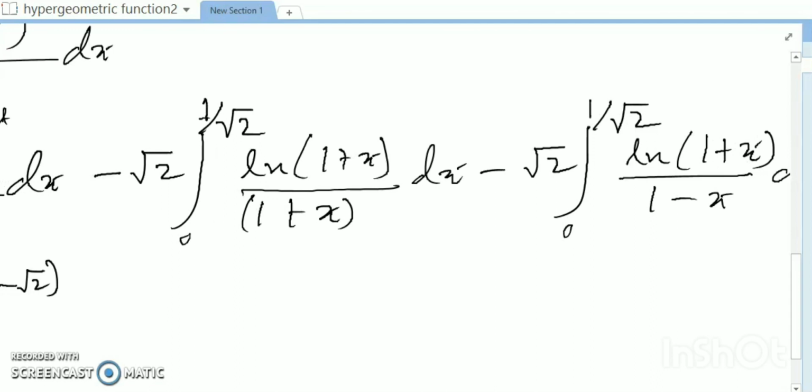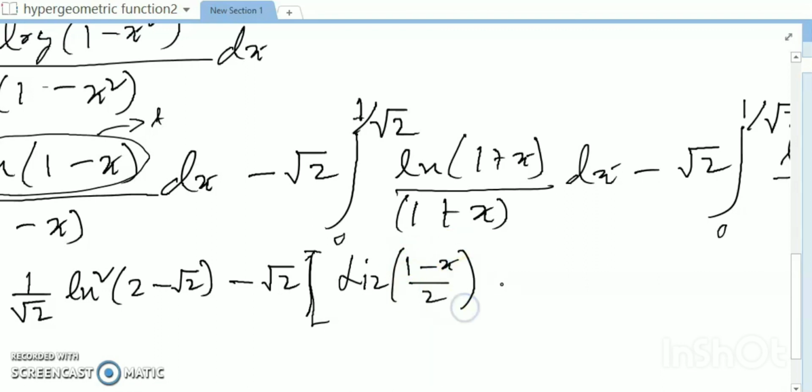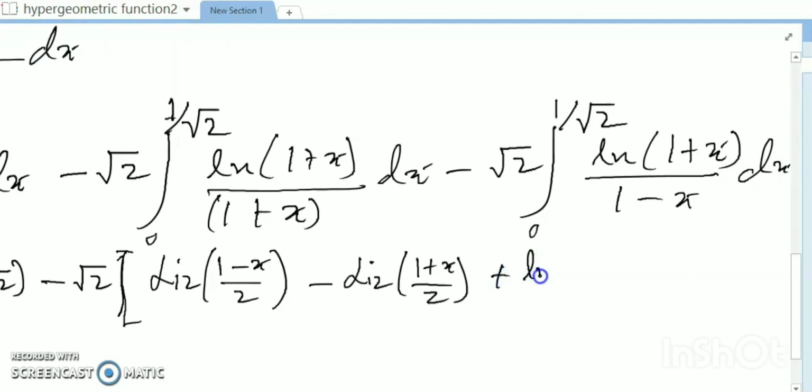Now we get this portion. This portion can be written as li2((1 minus x) divided by 2) minus li2((1 plus x) divided by 2) plus ln 2 ln.